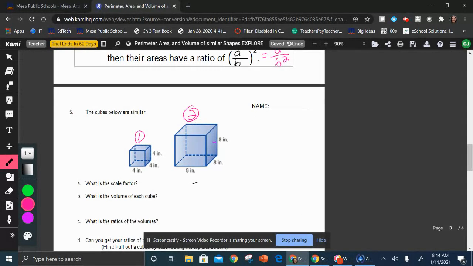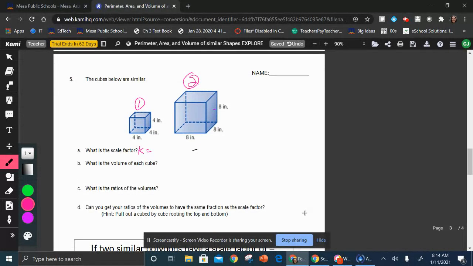Okay. So for volume, this is 1, this is 2. Okay, we're going to do what's the scale factor. So scale factor is going to be equal to the side, so 8 over 4, which is 2 over 1. I am going to leave it as a fraction. Okay, volume of a cube, everybody. Volume of a cube is equal to the side cubed. Okay, so these are the sides.